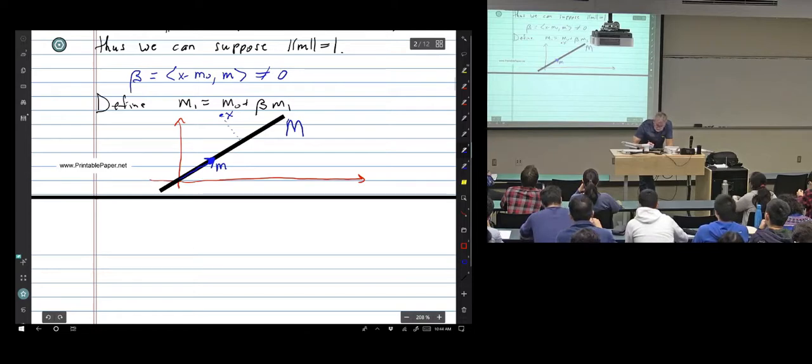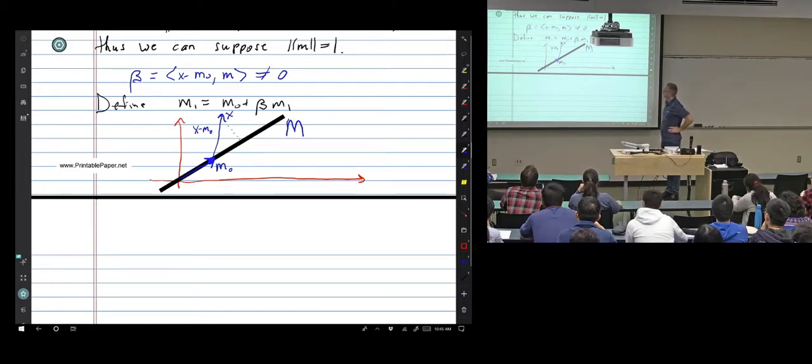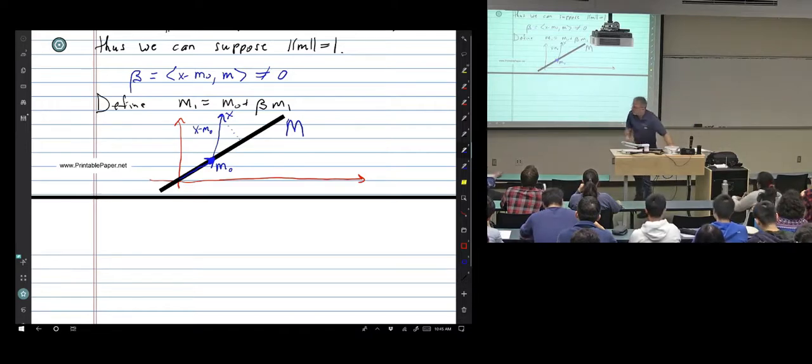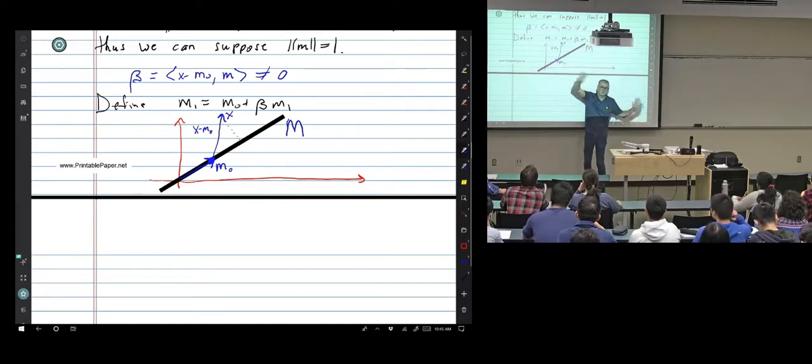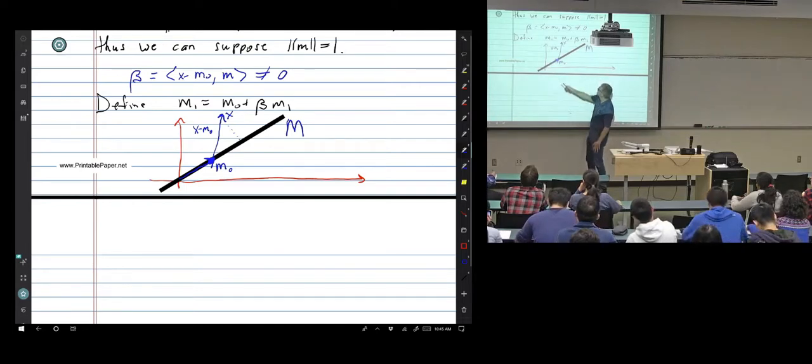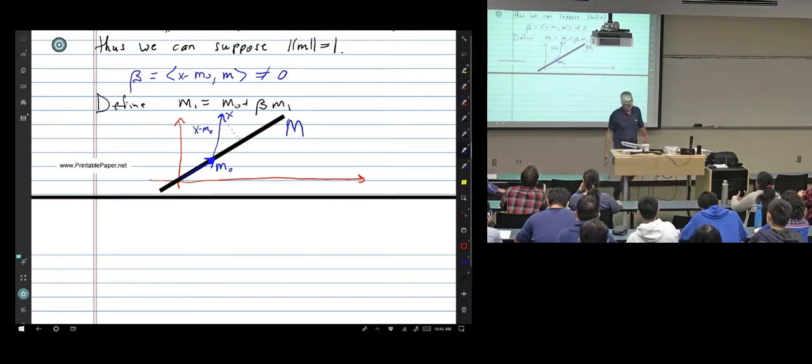This is M. This is the vector x minus m0. This is m0. Excuse me. Okay? Now, I don't know if m0's on this side or this side, and in general, it's not one-dimensional. I'm just making a picture so you can see what we're going to do. So this m0 plus beta times m is going to be someplace in M.